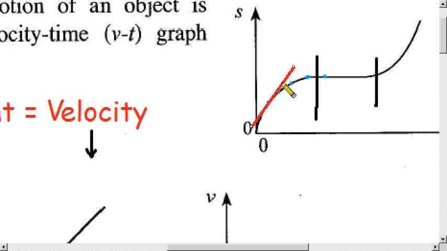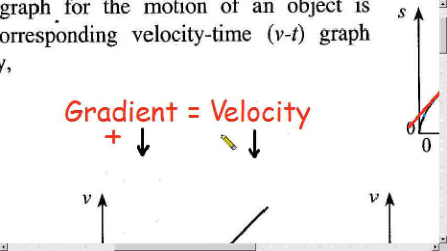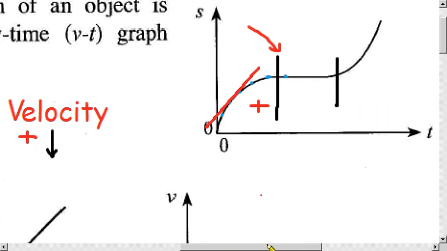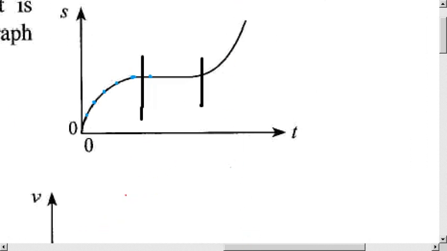If it is tilted to this right side like this, the sign is positive. So the velocity also must be positive therefore. If this gradient is tilted to the left side, we can't find any point here tilted left side. Imagine that this graph goes like this.